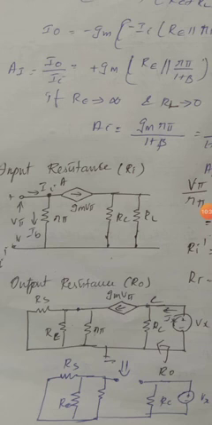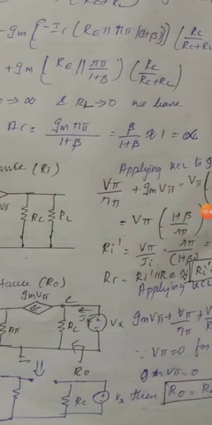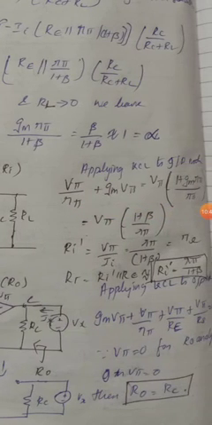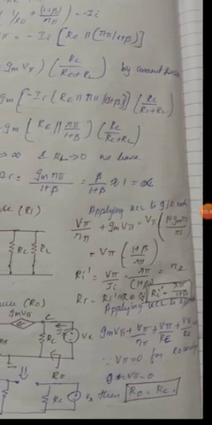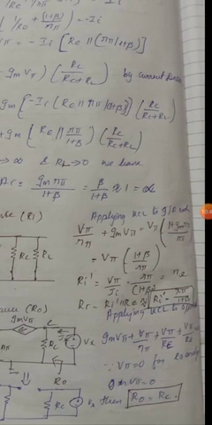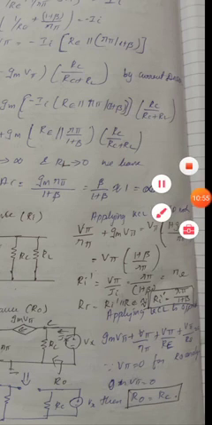When we open circuit the current source, RS, RE and R pi do not come into effect at the output side. The only thing that comes into effect at the output side is RC. So the output resistance R0 will be equal to RC. Well, that's all about the common collector amplifier small signal analysis. We have obtained the voltage gain, current gain, input resistance and output resistance.